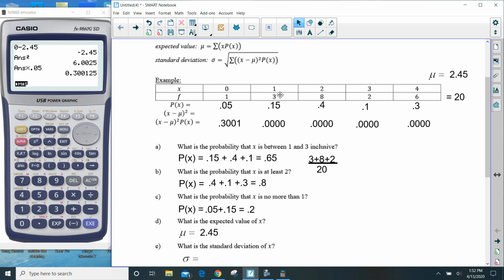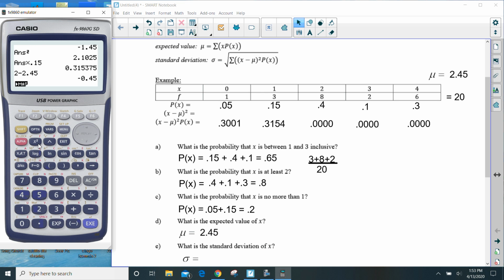Okay, next one. This middle column. X minus mu squared times P(X). Next, x minus mu squared times P(X).